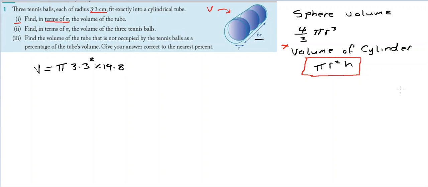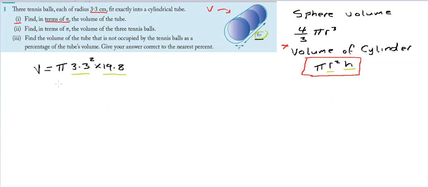So that 19.8 is the height. We have the radius here, and we have the height here. And the height, as we see here, is 6 times the radius. So 6 times 3.3, which is 19.8.